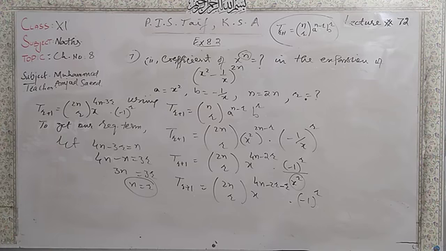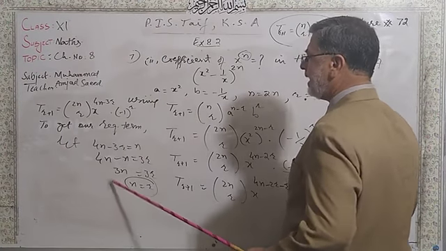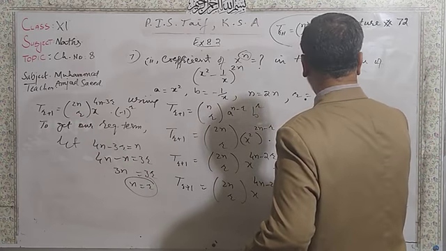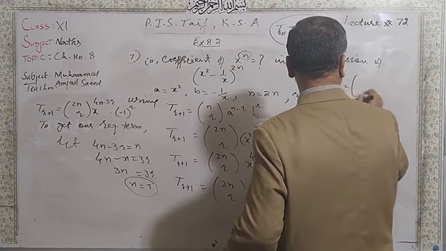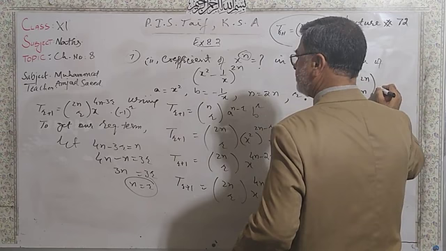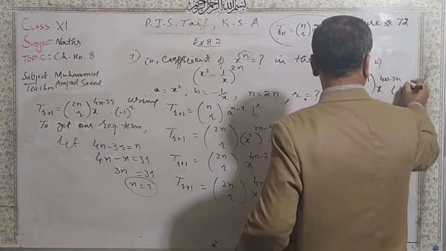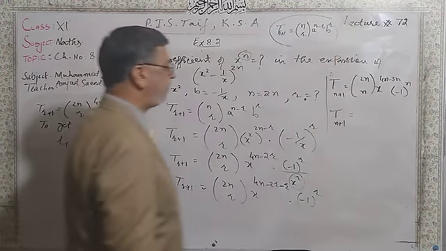So dear students, now you have r equal to n. Using the value of r as n, therefore T n plus 1 is equal to 2nCn x power 4n minus 3n, minus 1 power n.